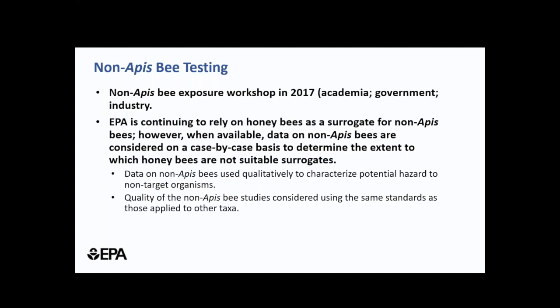EPA is continuing to be engaged in the development of guidelines for testing non-apis bees to ensure that suitable methods are available for testing these species and to provide more uniform data with which to evaluate the extent to which honeybees are suitable surrogates. As with studies of exposure to and effects on honeybees, EPA applies the same standards to evaluating the quality of these studies as those applied to other taxa.